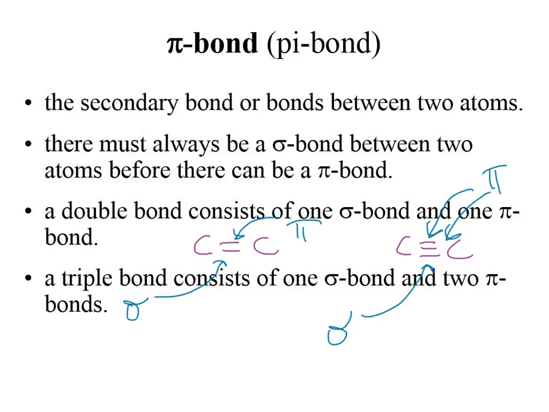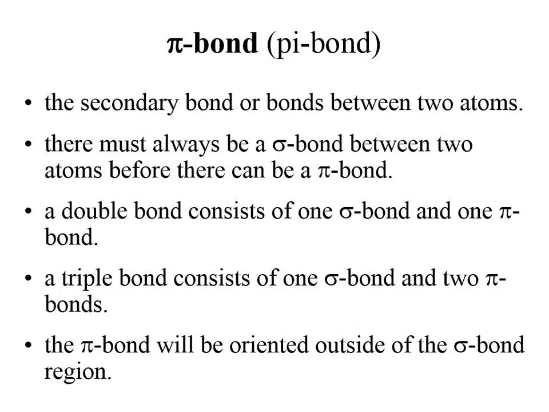So one more thing to talk about with regard to the pi bonds is where, if there's a pair of electrons creating this between these 2 carbon atoms, then where do those electrons go? And here's your answer. They basically kind of schmooze around outside the primary bond. The pair of electrons, and I have an example up here.